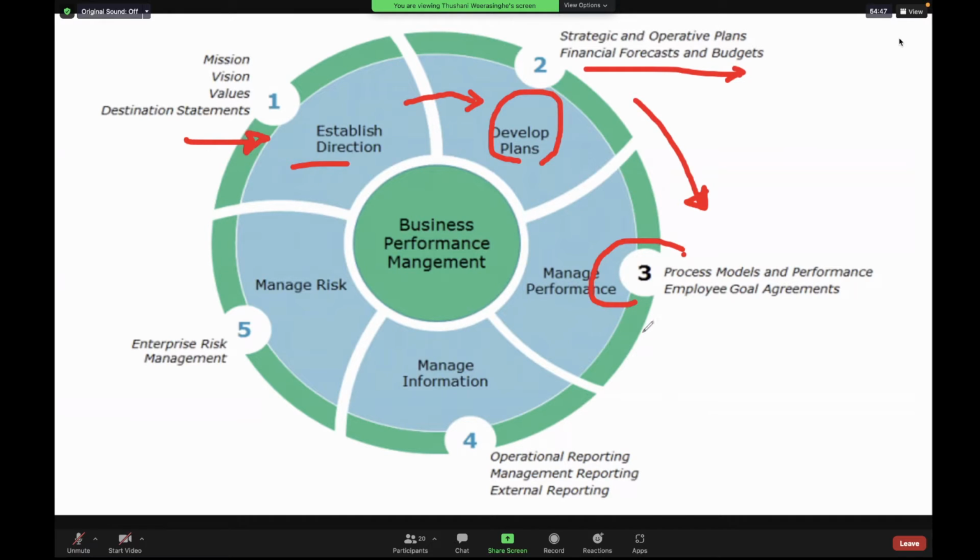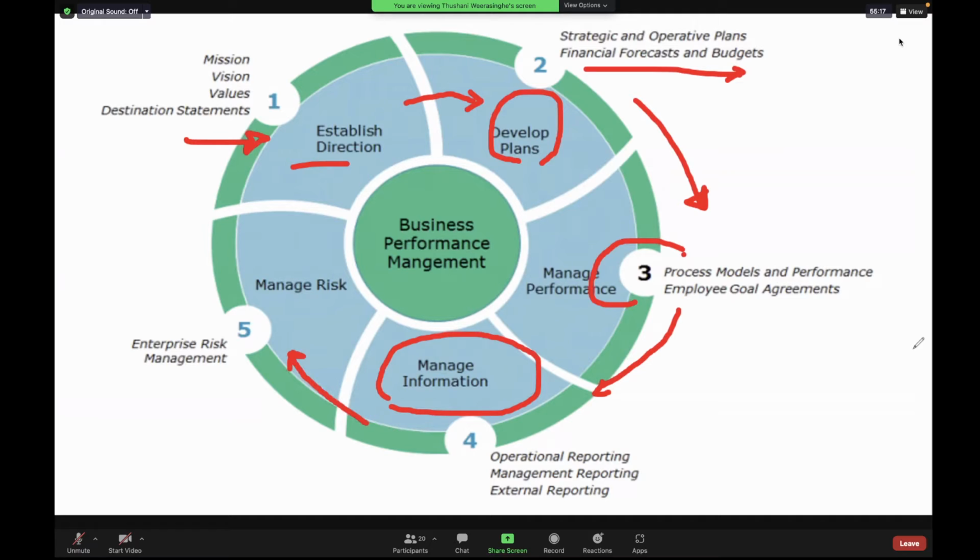And then you have the information management. There the performance needs to be monitored, and you need to see what is happening at the operational level. So there you need to generate reports and see whether you are getting everything done according to the plan.